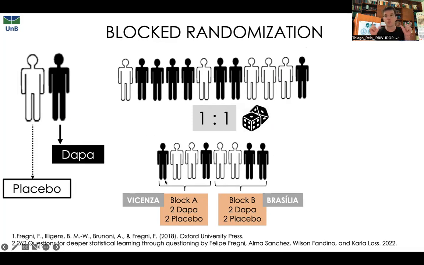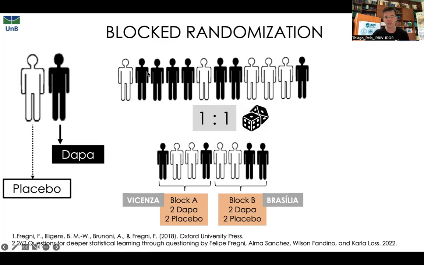Imagine that we have two centers, the center in Vicenza and the center in Brasília. My goal is to have the same number of patients receiving placebo and intervention in Vicenza and in Brasília. But let's say that we only have 4 patients in each center.